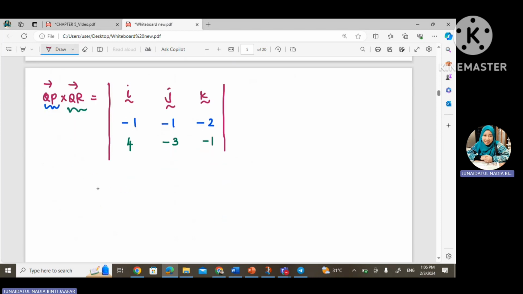So for i, we have negative 1 times negative 1 minus negative 2 times negative 3. This is cross multiplication. This is for i, and then minus, the signs go plus, minus, plus. So minus for j, we have negative 1 times negative 1 minus negative 2 times 4.